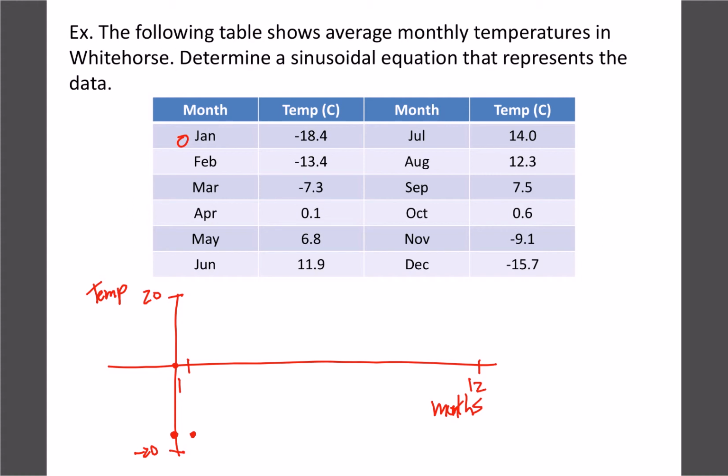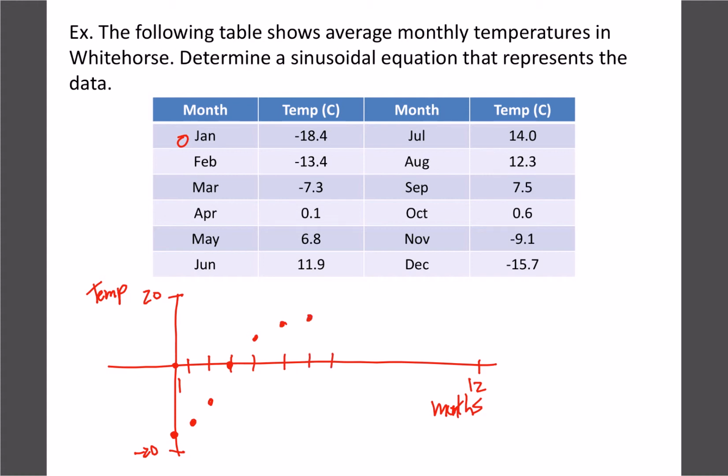February would then be at negative 13. March, negative 7. April, it's almost at 0. May, we're up to 6. June, we're at 11. July, we're at 14.